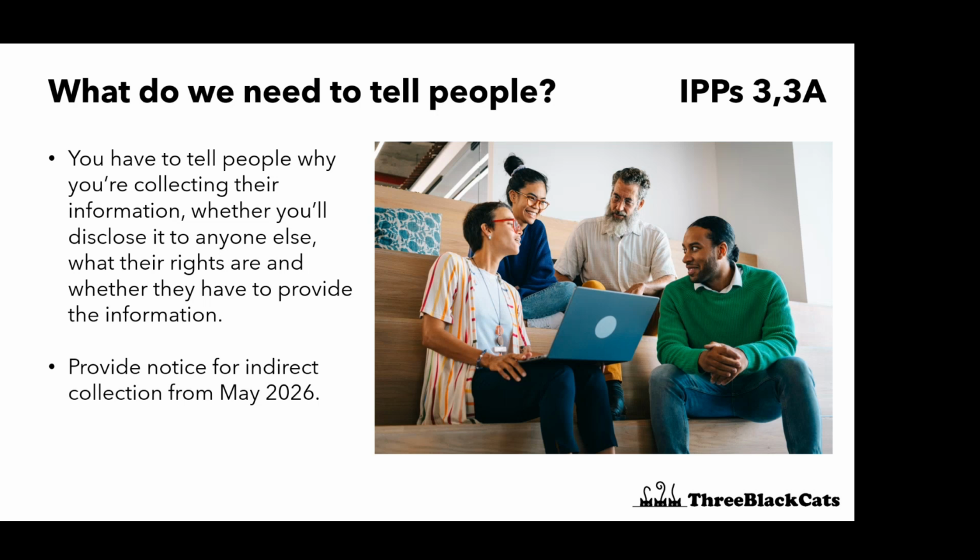However, come May next year, if you are collecting information about someone who isn't the person who provided it, you will need to provide a privacy statement from May. So that means that if my husband provides my information as well as his own, you're going to have to find a way of getting that privacy statement to myself.